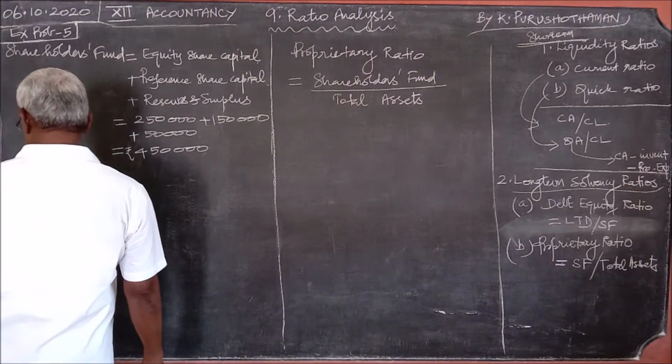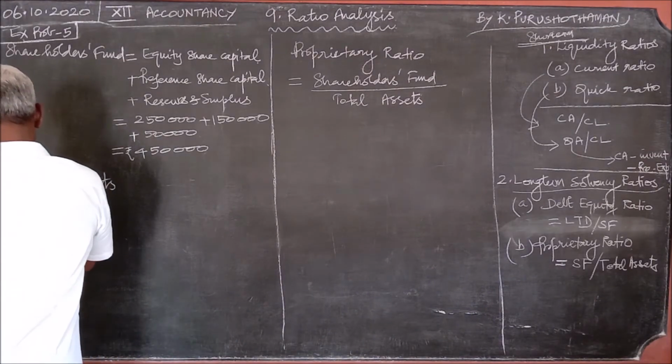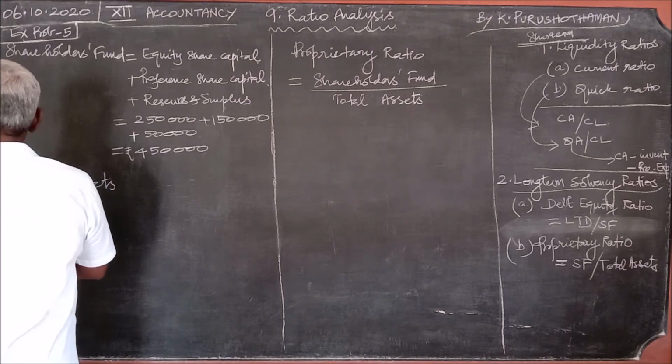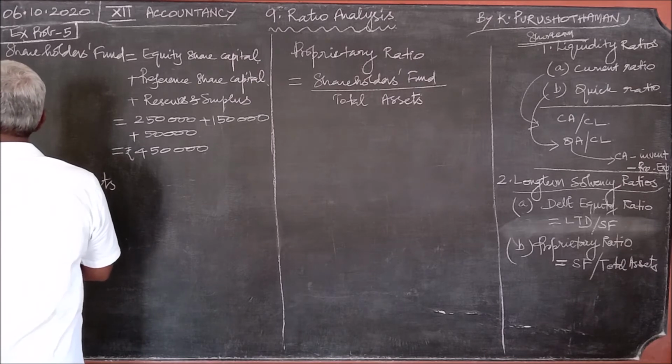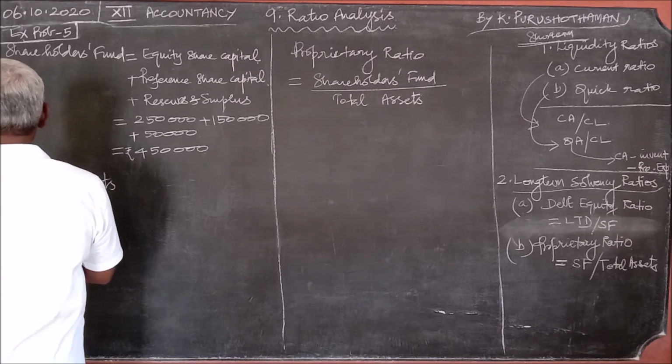What about the total assets? The total assets: non-current assets, fixed assets 4,60,000, non-current investments 1 lakh, cash and cash equivalents 40,000. Totally it comes to 6 lakhs.